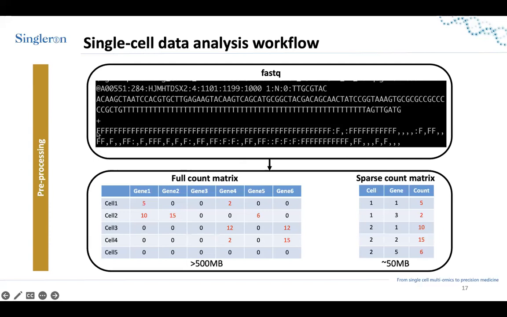So this F represents the quality score of this A here. Now, what does it mean to have an F here? Well, I don't know by heart what number this represents, but basically you have a table that shows you what is the probability to have here not an A. So we are confident that this is an A at 99.99%. So this score, called the Phred score, represents this probability.